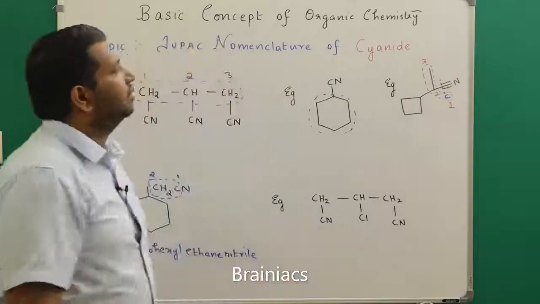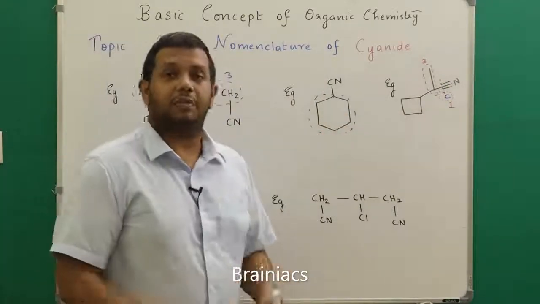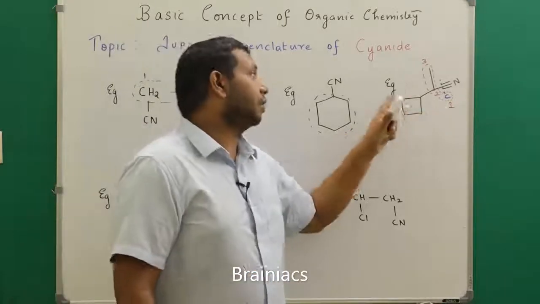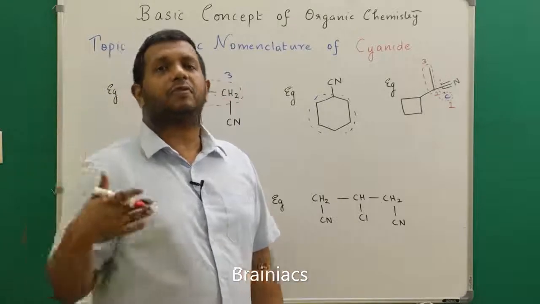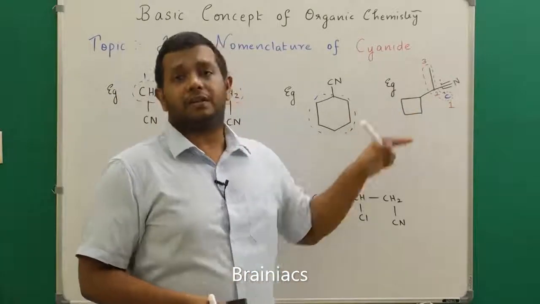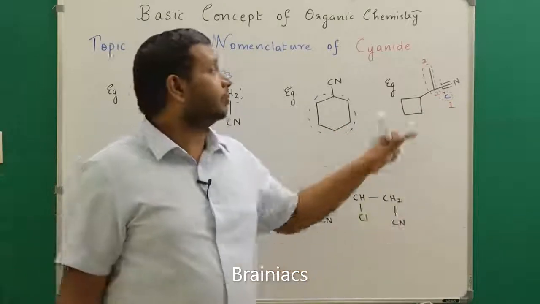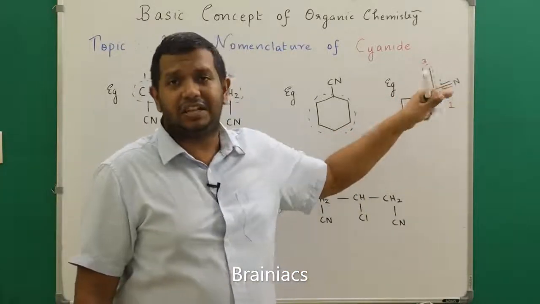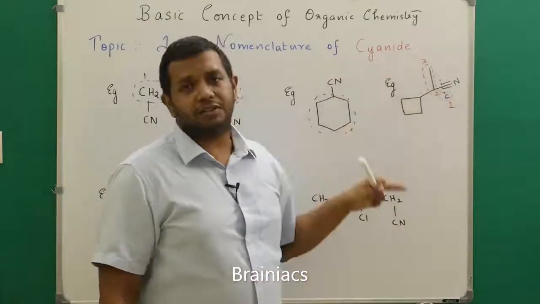Since there are 3 carbon atoms, some students again will ask the same doubt. Sir, here the ring has 4 carbon atoms, but in the side chain there are only 3 carbon atoms. You only taught, right? If the ring has more carbon atoms, then the ring should be the parent. Please understand that is applicable if there is no functional group. Suppose the functional group is present in the side chain and the length is only 2 also, we should say that as the parent chain.